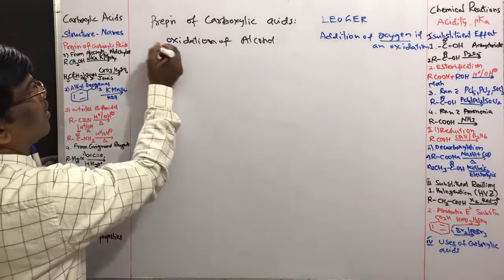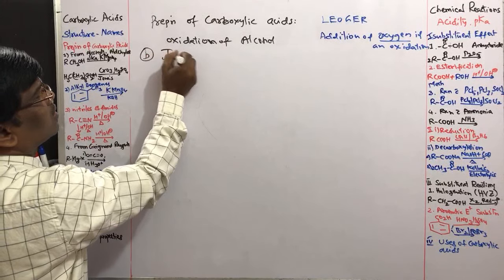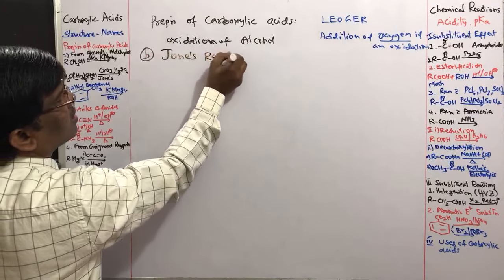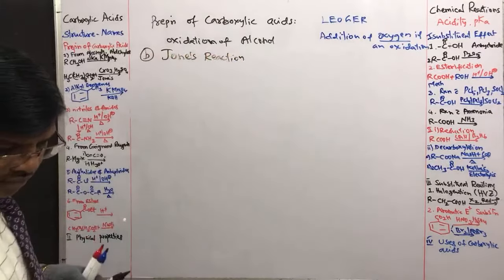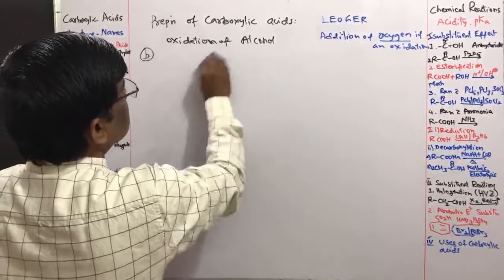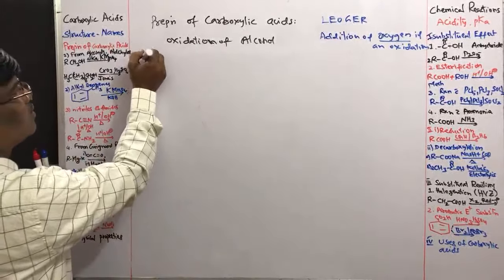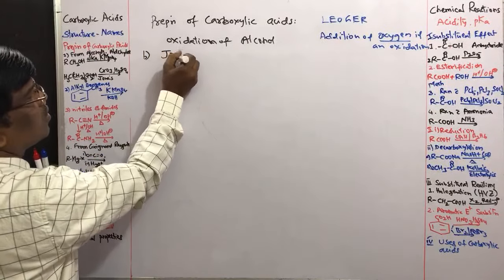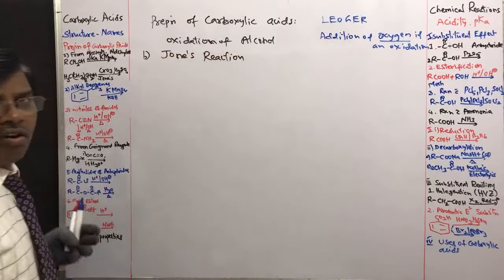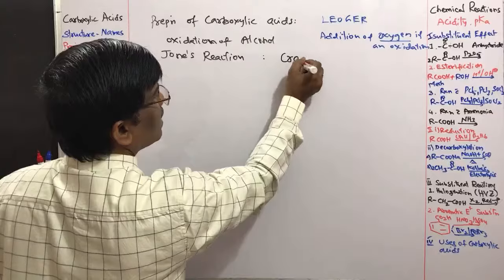So oxidation of alcohols, Jones reaction or oxidation. So the reagent is chromium trioxide.